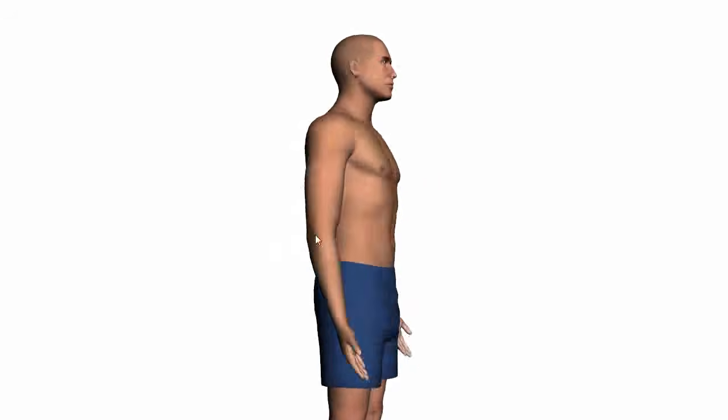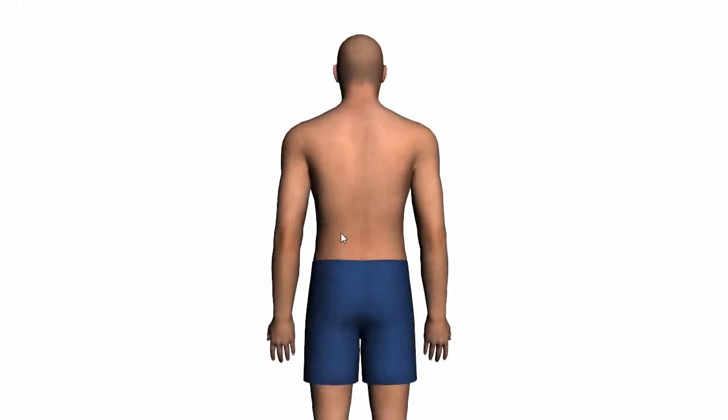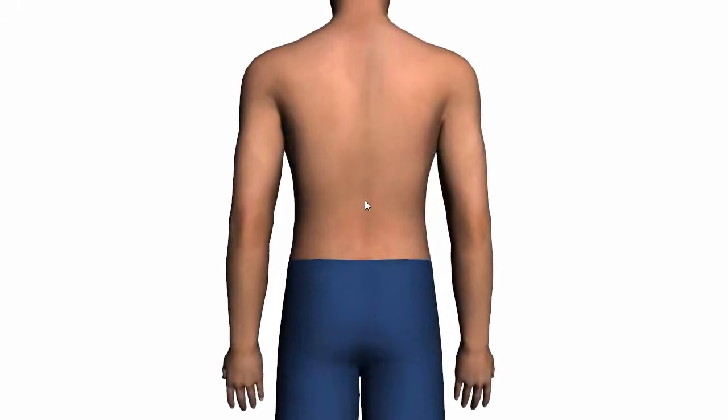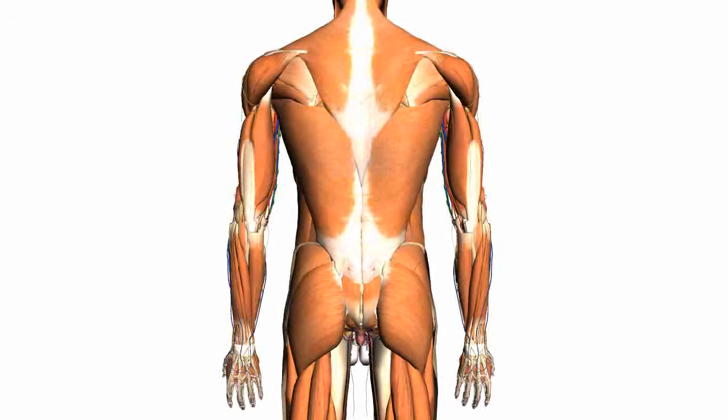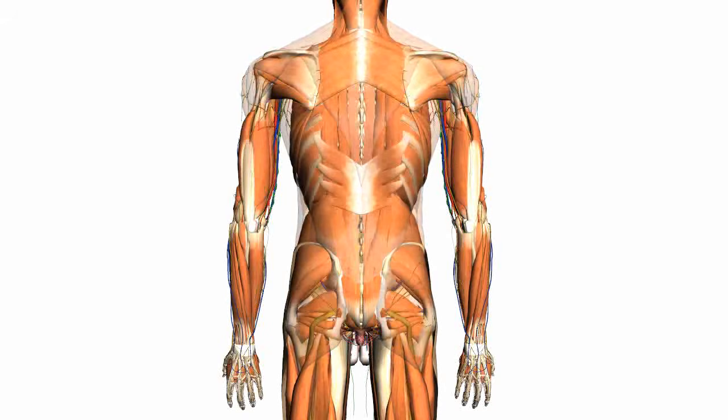So where this might be a bit confusing is if you're describing structures on the back. So the skin here is superficial, but it's posterior. So if you're looking at the muscles of the back, the latissimus dorsi is a posterior structure, but it is more superficial than these structures that lie underneath it.